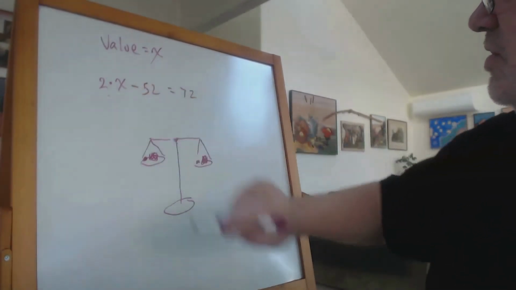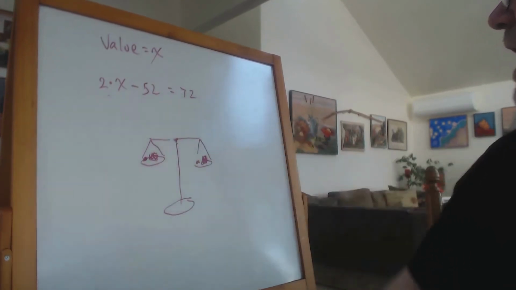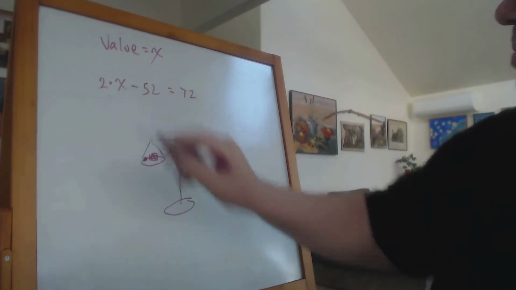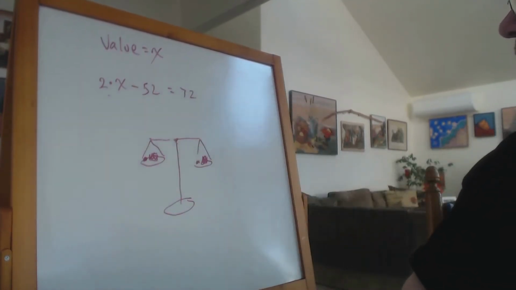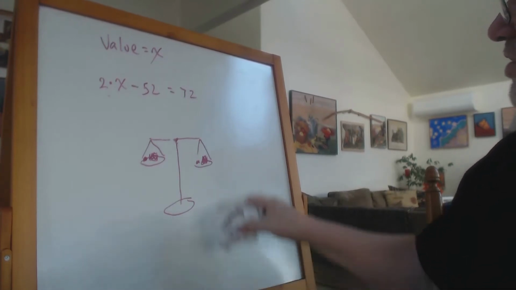If we add something to one side, we must add that same value to the other side to keep the balance. If we multiply one side by a certain amount, we must multiply the other side by that same amount.